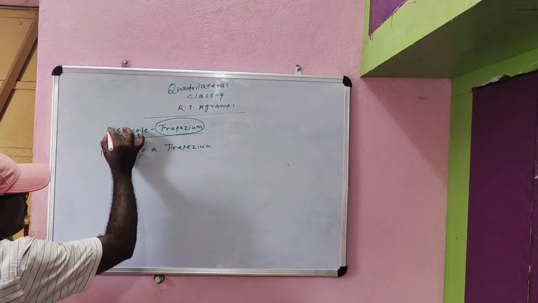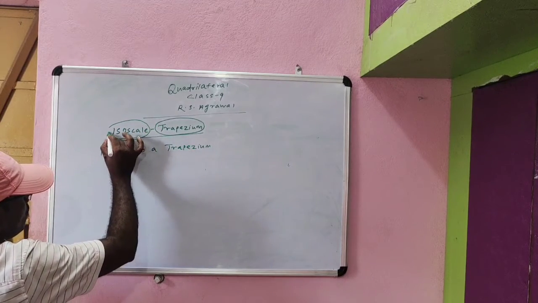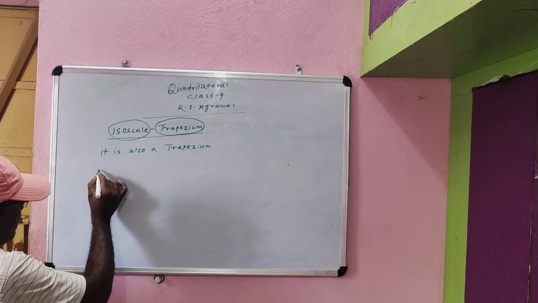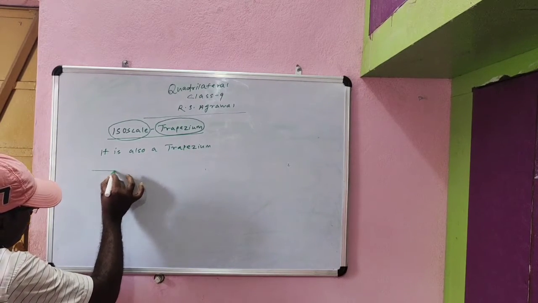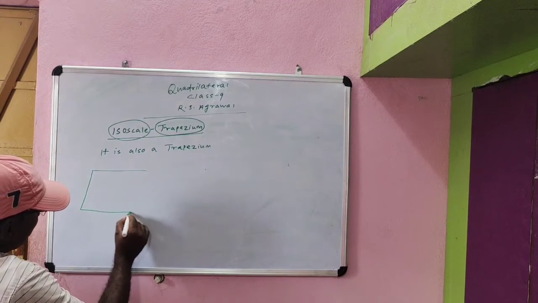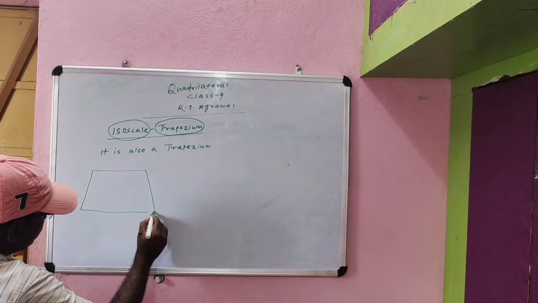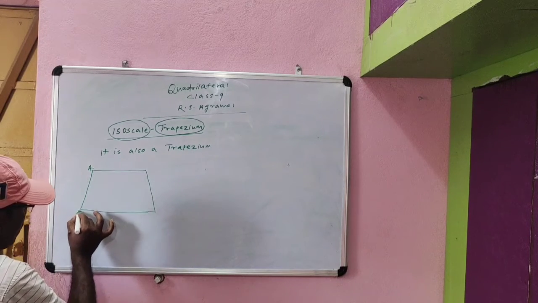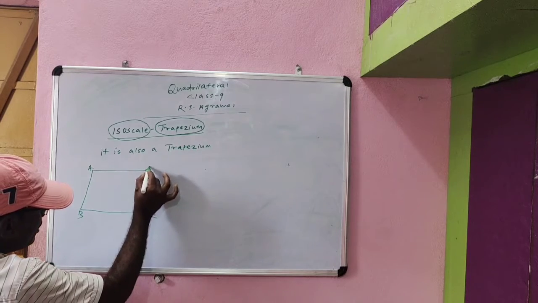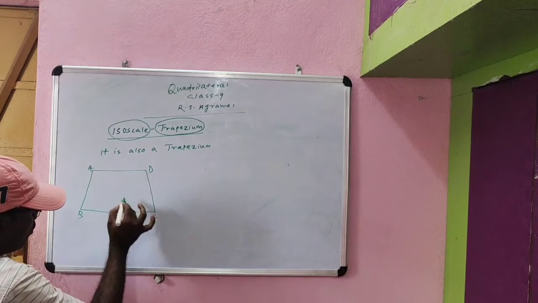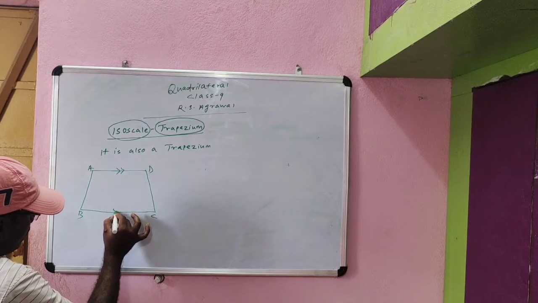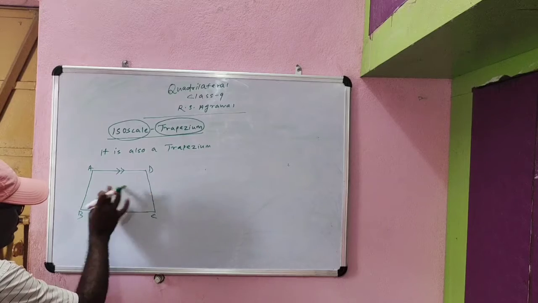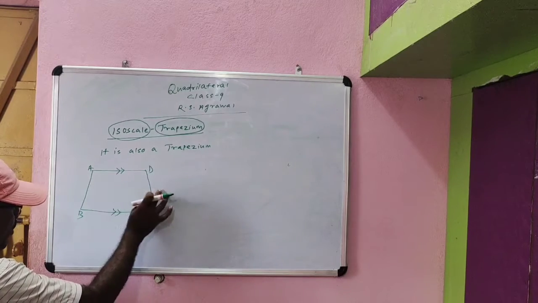here it is written isosceles. So what do you mean by isosceles? Isosceles means in the trapezium, the two non-parallel sides are equal. Suppose the trapezium is ABCD, AD is parallel to BC. So this pair of opposite sides is parallel, and this pair is non-parallel.